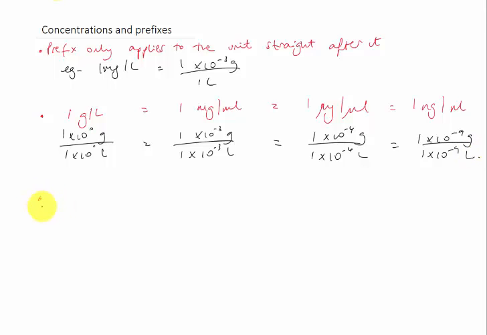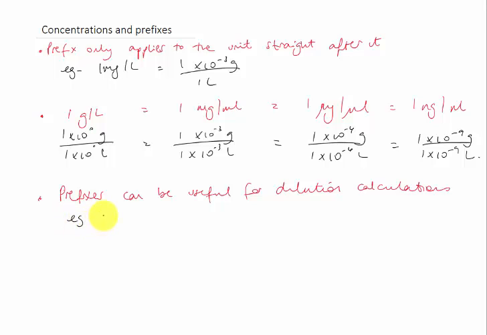And the final thing I want to say about prefixes and dilutions is that they can be useful for doing those dilution calculations in your head, specifically when you are diluting things 1,000-fold.